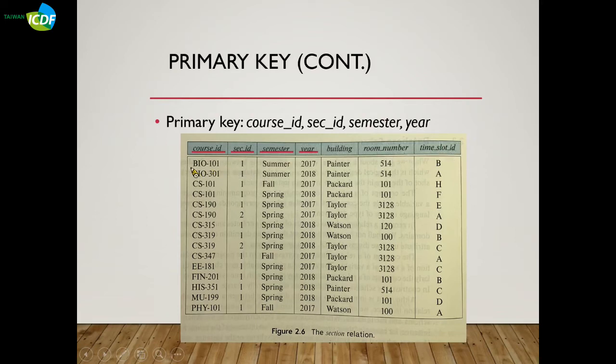Here, it can represent BIO-101. This course is taught in section 1, in the semester of 2017. The building is Painter and the room number is 514, with a time slot ID.